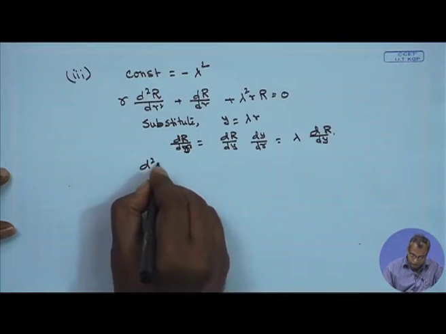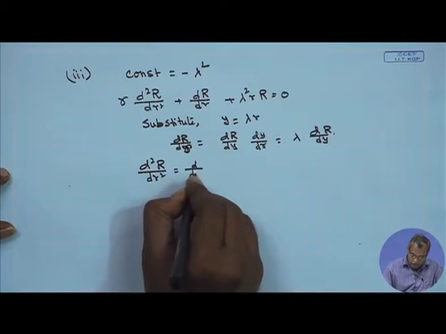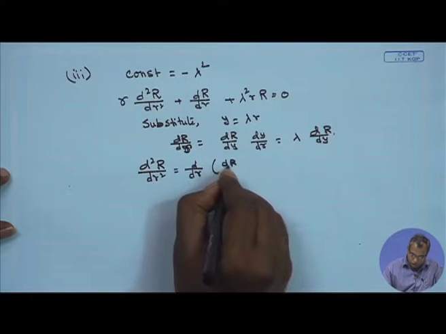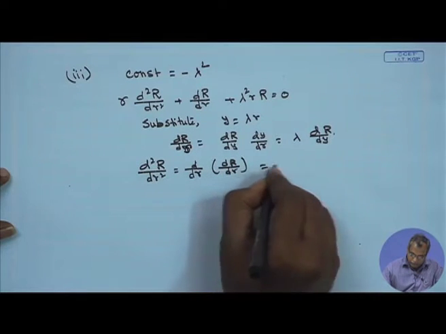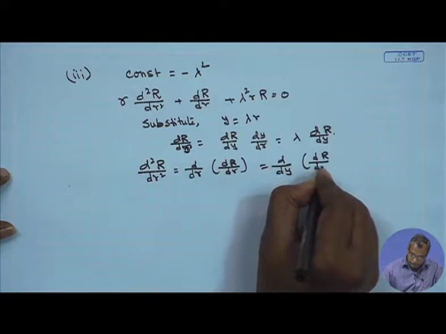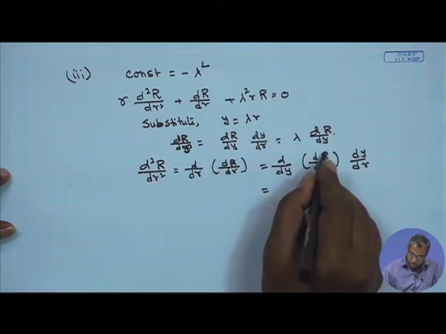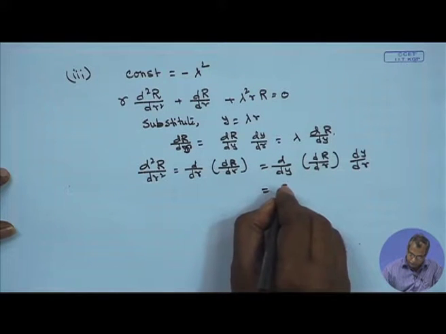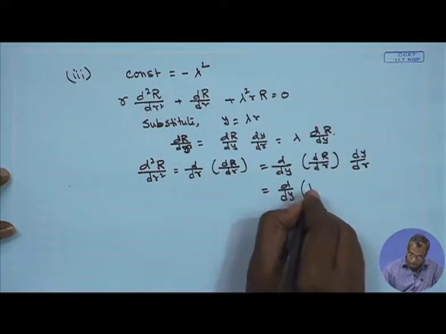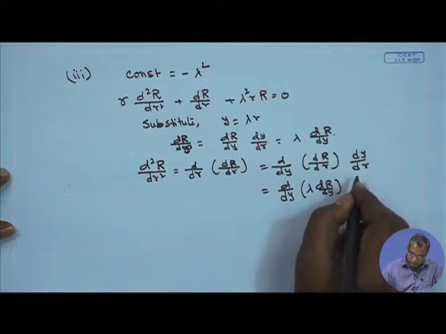Similarly, one can have d square R dr square, which is one more differentiation with respect to r. So, it becomes d dy of dR dr times dy dr, and dR dr is already expressed in terms of y. So, d dy of lambda dR dy times dy dr, which is lambda.